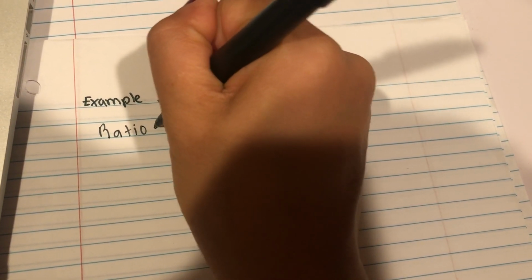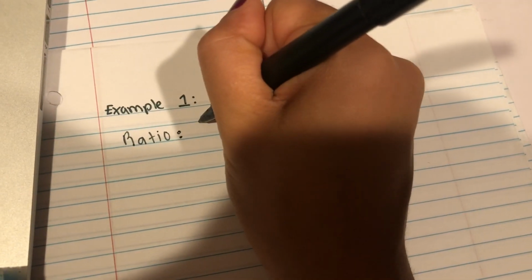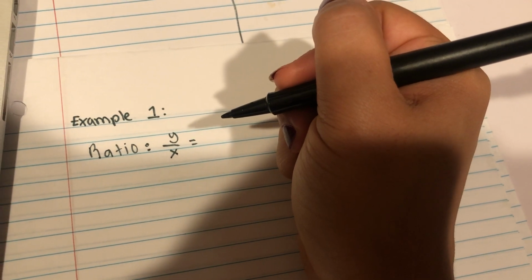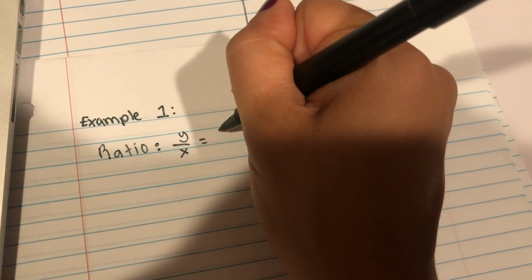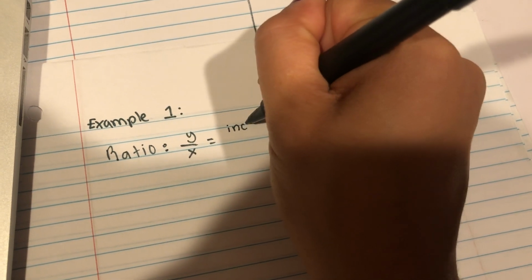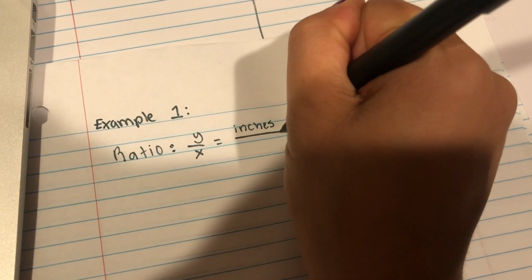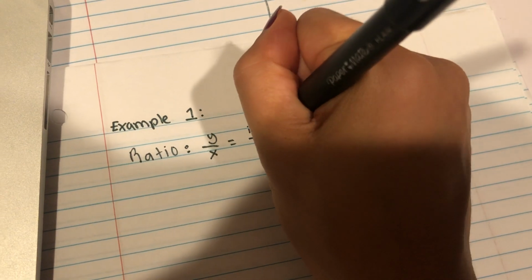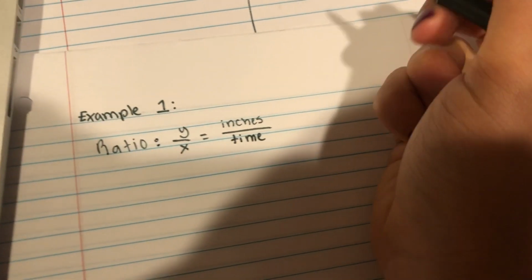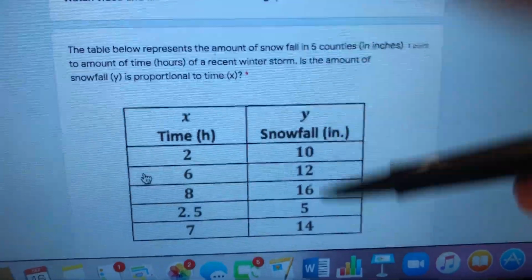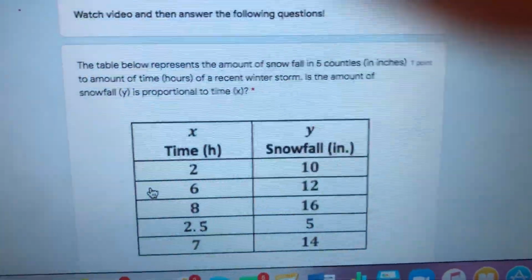My ratio is Y to X, which is the amount of snowfall, so inches, to time. So we're looking at inches, Y, to time, which is X.